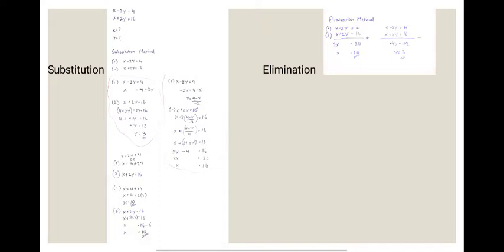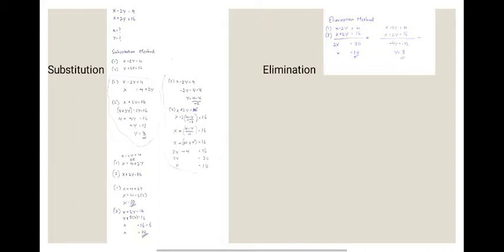Now we're going to replace the x with 4 plus 2y. So below that, you can see 4 plus 2y, and then plus 2y again equals 16, which is the result of our replacement. There are two y's there, so 2y plus 2y equals 4y.